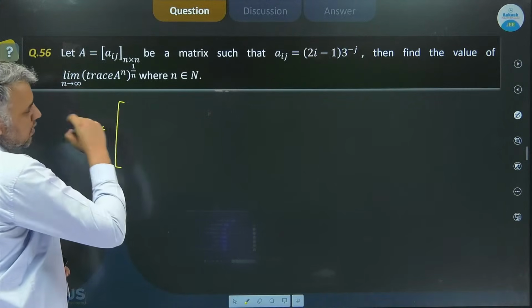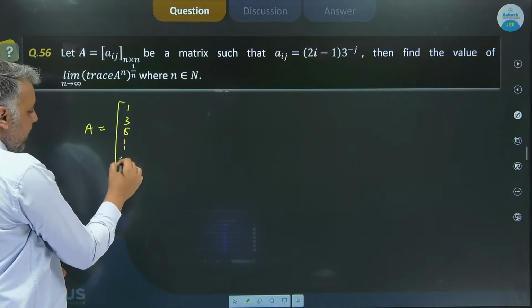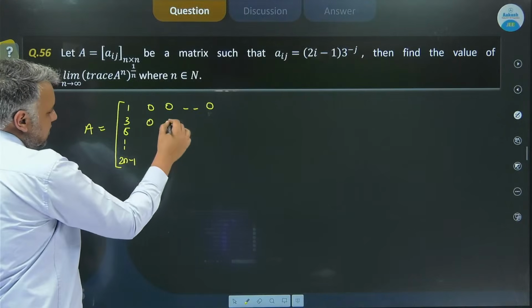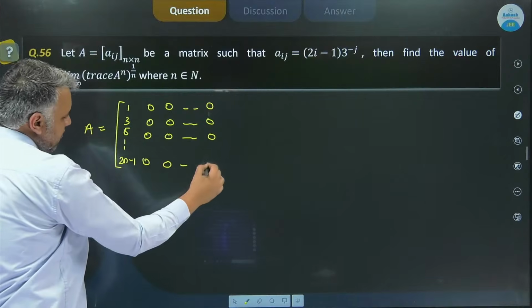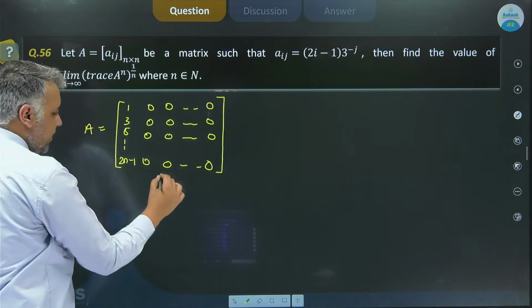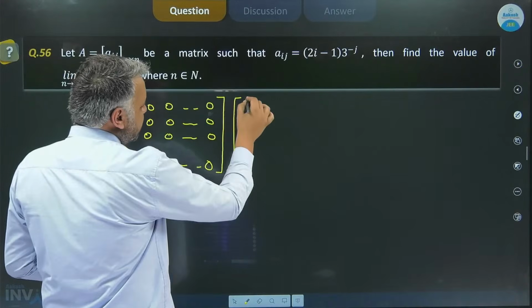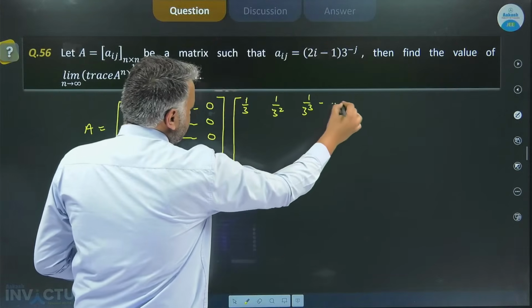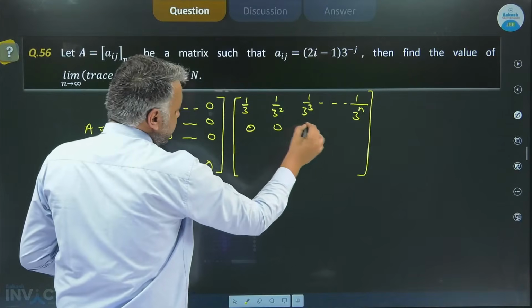First, you can say the column is 1, 3, 5 up to 2n - 1 and all other entries are 0. So this is matrix P multiplied by a matrix Q, which is 1 by 3, 1 by 3 square, 1 by 3 cube, and so on, 1 by 3 power n, and all other entries are 0.